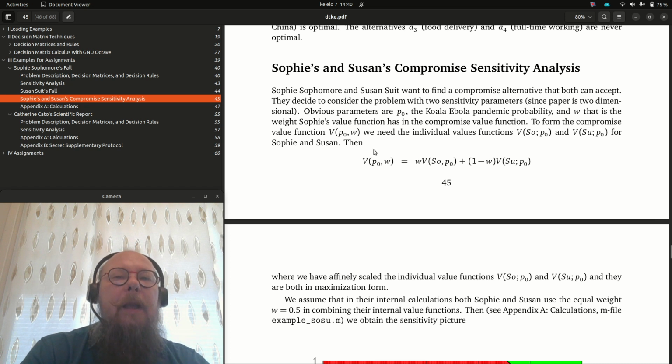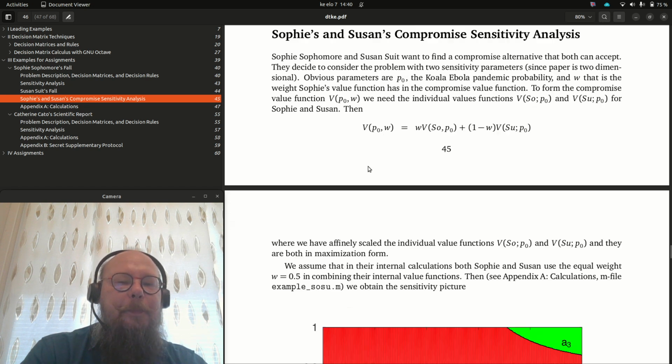But in any case, the value function is of type V(P0, W) depending on the pandemic probability and W, where W is the weight given to Sophie's value function, and 1 minus W is the weight given to Susan's value function. So this form, you haven't seen this kind of compromise form before.